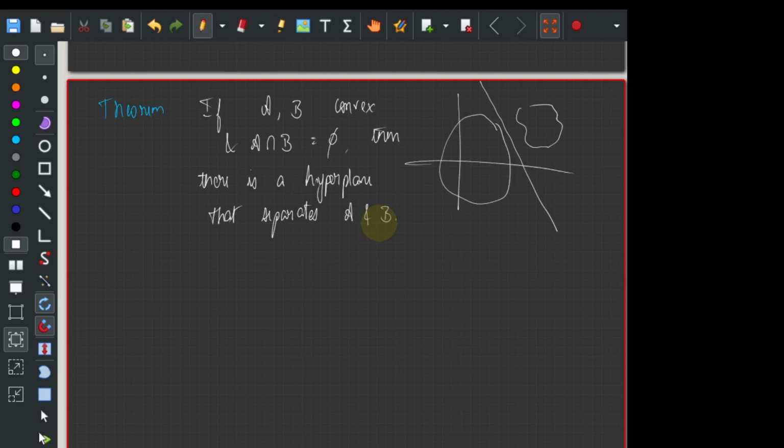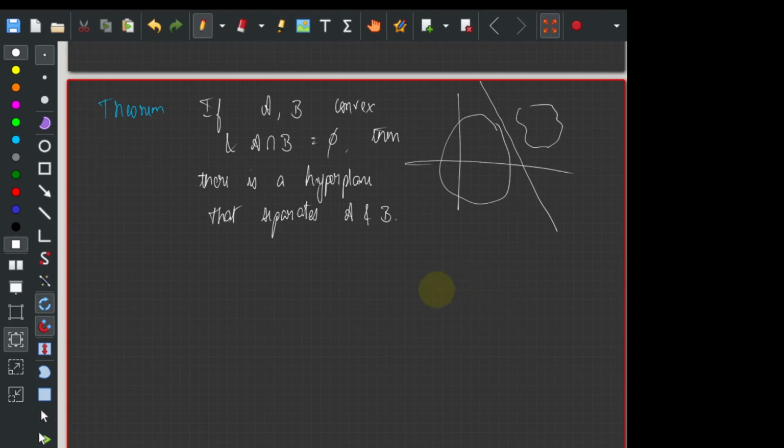But this doesn't necessarily hold true for non-convex sets. Can you think of two non-convex sets which have empty intersection, but it's impossible to construct a hyperplane which separates these two? Take a circle and cut a slice.